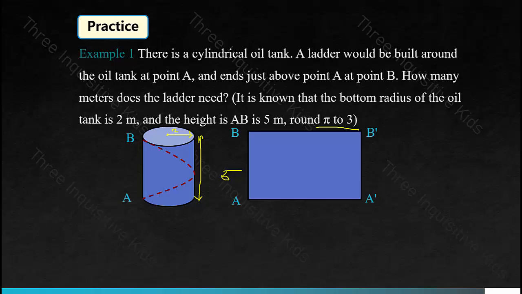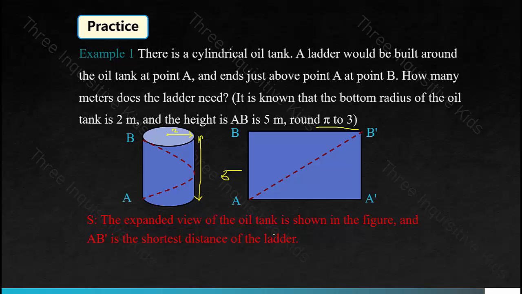Okay, so first we're going to cut this open and it becomes a rectangle. So really, this is all around the cylinder, so it would look like this. Here's the solution.